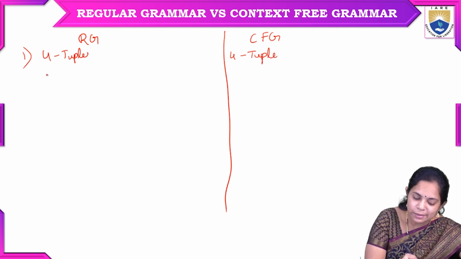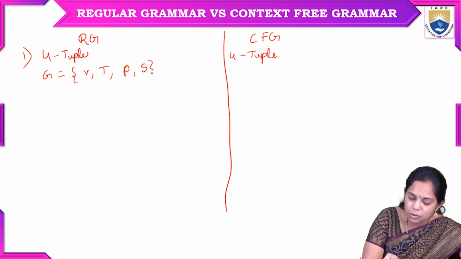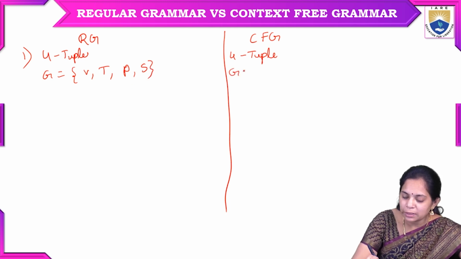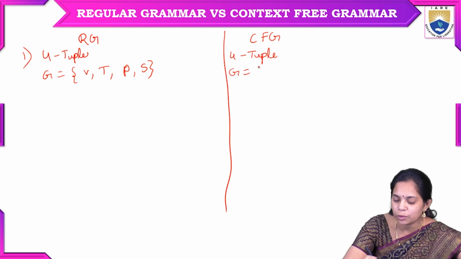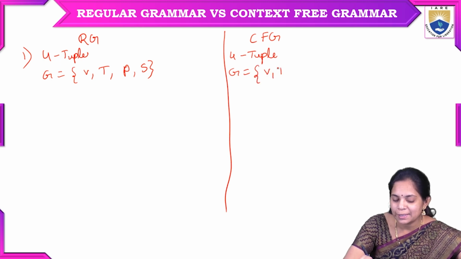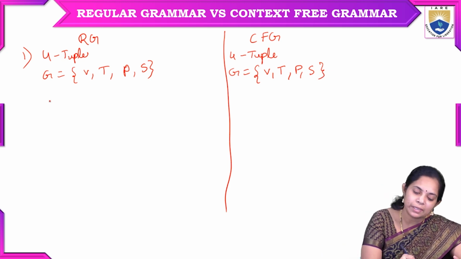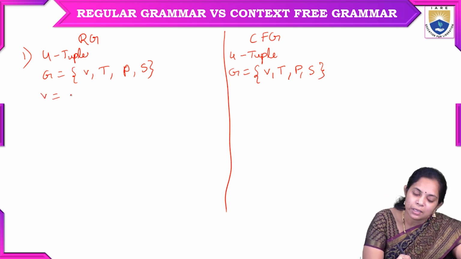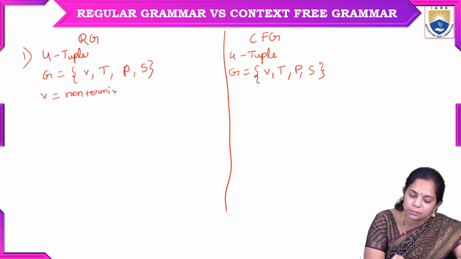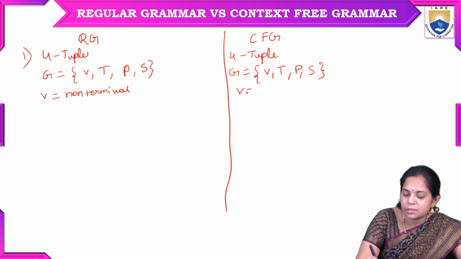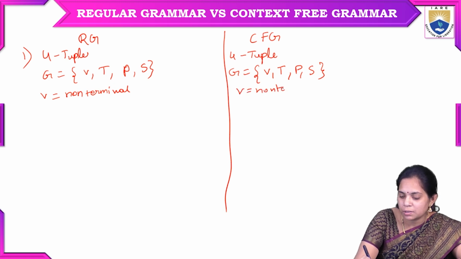The four-tuple is G equal to V, T, P and S. Here also, the context-free grammar has the four-tuple notation: V, T, P, comma, S. Here V is the non-terminal symbols, and here also V is equal to non-terminal symbols.